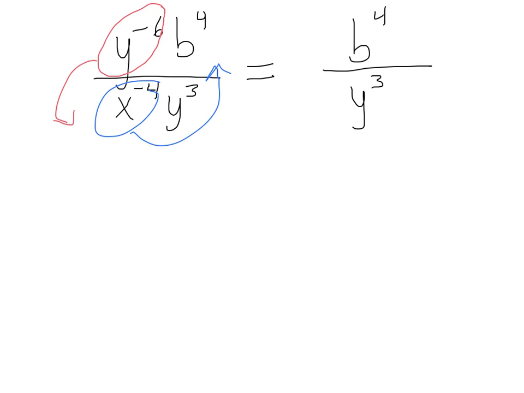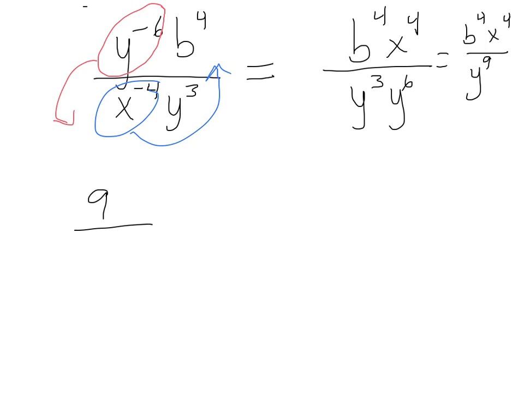So you've got y to the 6th is going to end up in the bottom, and then x to the 4th will end up in the top. You're still not done, because there's more simplifying you can do. When all is said and done, it looks like you have y to the 9th on the bottom. Hooray!